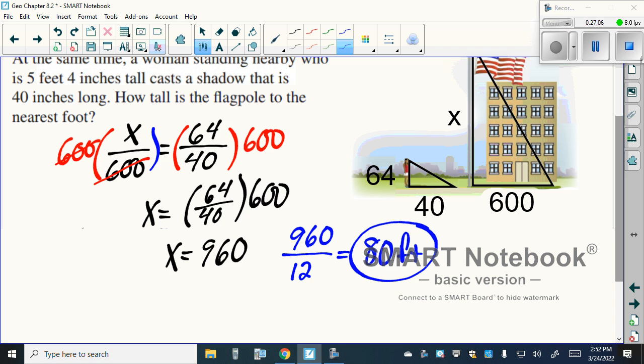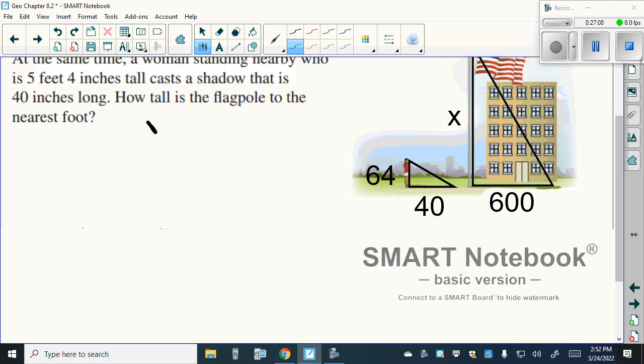Now, I'm going to erase this here, because the way we did this yesterday is we said x over 64, yes, because height and height. On the other side, we used over 40, yes? Because setting it up this way, we're comparing height to height, shadow to shadow. What would our first step be?